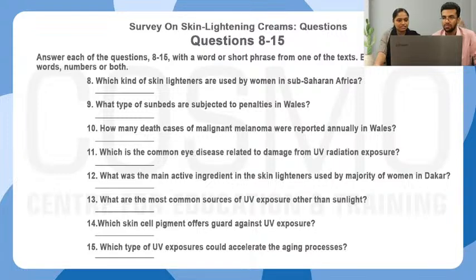Some are saying women in Dhaka. Along with that, the main active ingredient and the skin lighteners are also keywords for question 12. Majority is also a keyword there. So I think we can check text B.